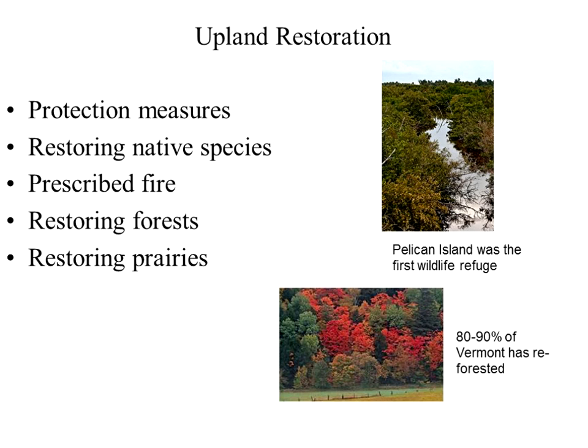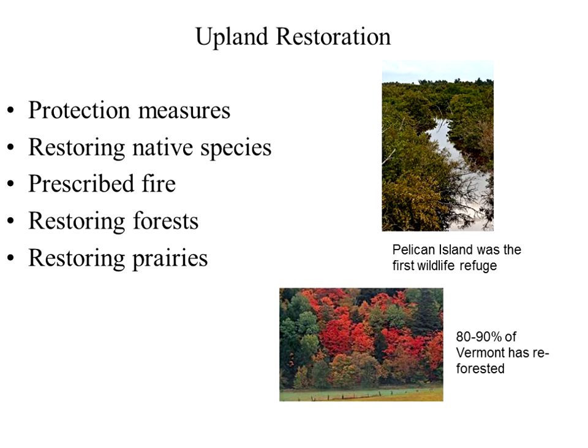So I'm just going to mention the Pelican Island case. Your book talks about it. It was one of the first wildlife refuges established where restoration techniques were used, and it's an example of a success story. I also mentioned in the previous lecture that the state of Vermont has reforested a good part of its original forest.